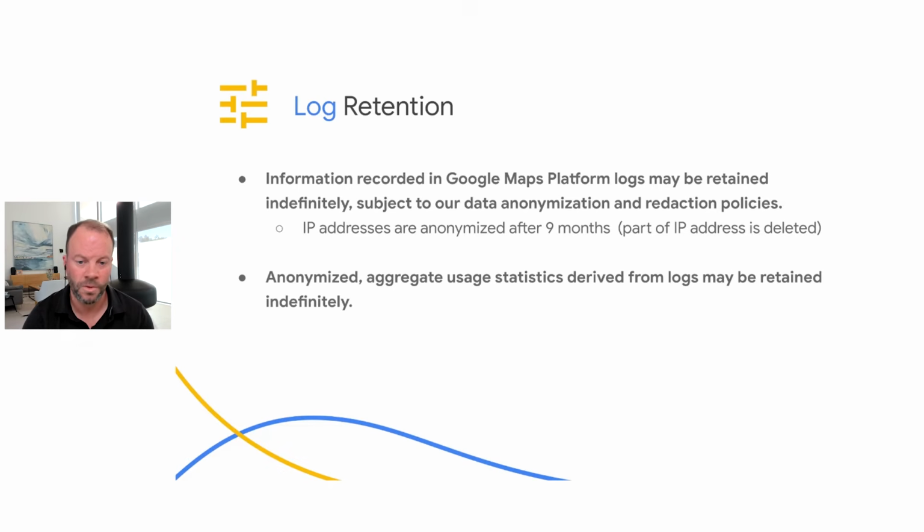If there's a problem or a technical issue, it's typically addressed in this amount of time. After that, the only other log retention is that we have some anonymized and aggregated usage statistics that are derived from logs that we, again, use to plan our services. And we may keep those indefinitely.